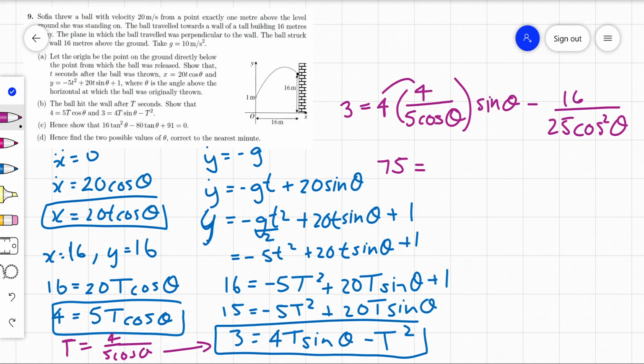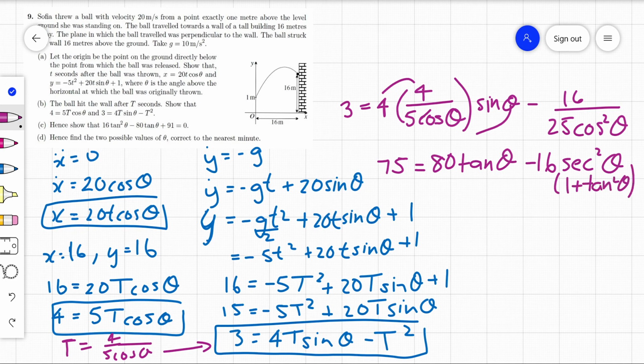We've also got a sine on cos, so that's a tan theta. So it's going to be an 80 tan theta when I do that. And here I'm still going to minus 16. I've gotten rid of the 25 by multiplying by 25. 1 on cos squared is the same as sec squared. So I'm going to put sec squared there. Now we know sec squared also is 1 plus tan squared theta.